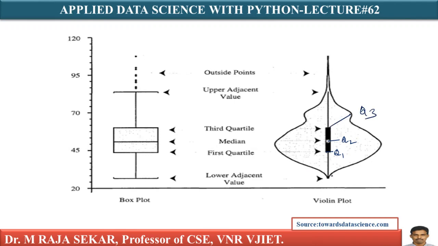Now, how can I define lower adjacent value? It is simple. First quartile, that is Q1, minus 1.5 into IQR. IQR means interquartile range. You will get this one, isn't it? What is IQR? Interquartile range. That is nothing but Q3 minus Q1. Even in simple manner, diagrammatically or geometrically, this black bar is IQR.